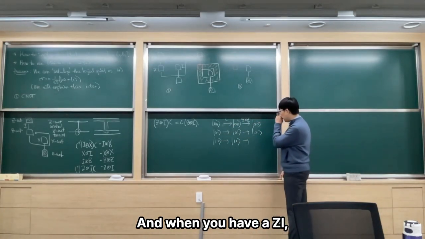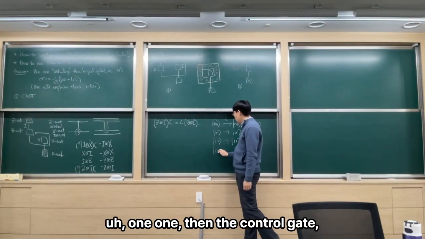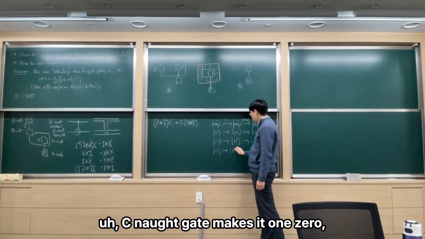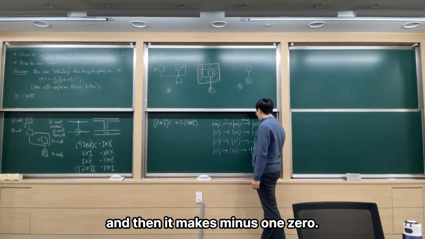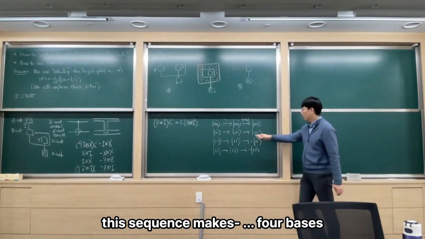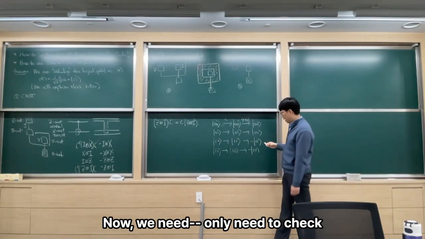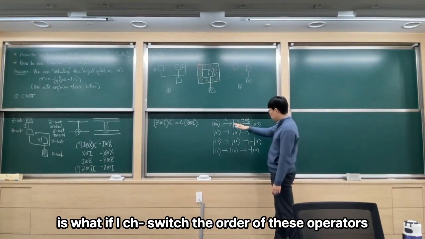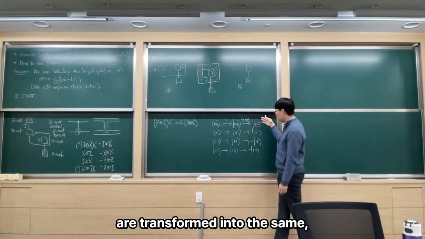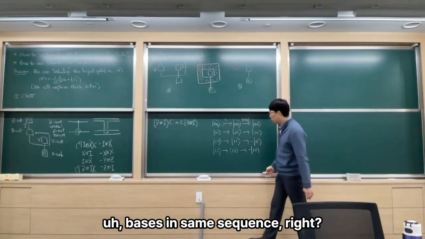And when you have ZI, then we have minus 1, 1, and then the C0 gate makes it minus 1, 0. So this sequence makes the four bases into these four bases. Now we only need to check what happens if I switch the order of these operators and see if these four bases are transformed into the same bases in the same sequence, right?